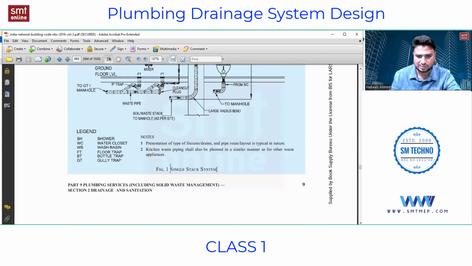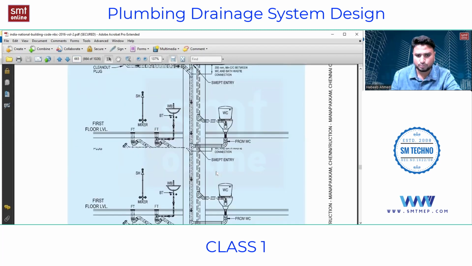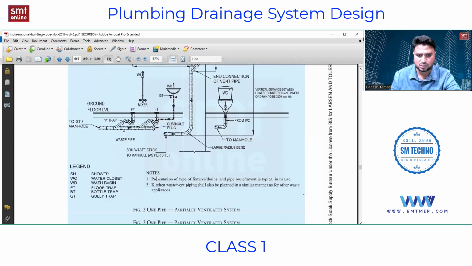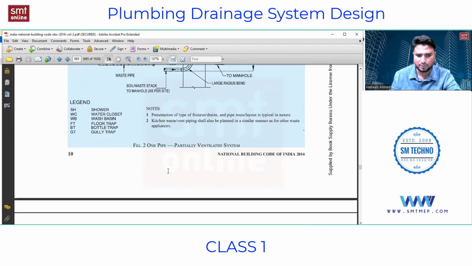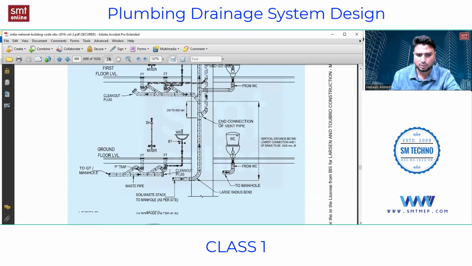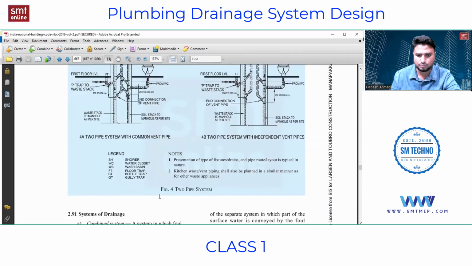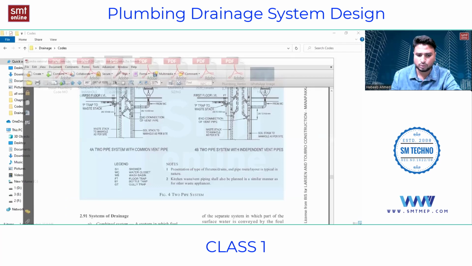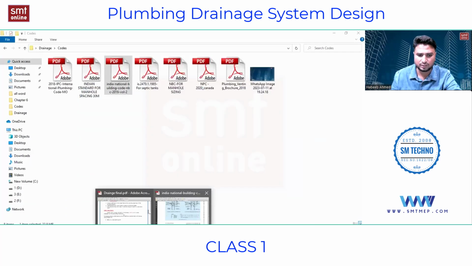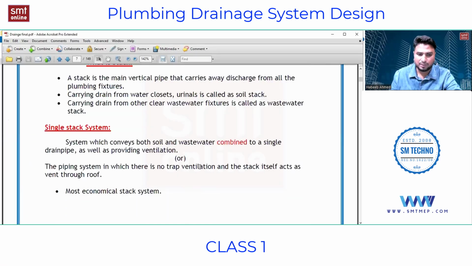The single stack system, the two pipe system and the one pipe system are all given there. So the source I am referring to is NBC, the National Building Code of India, volume 2. Now let's come back to the single stack system.